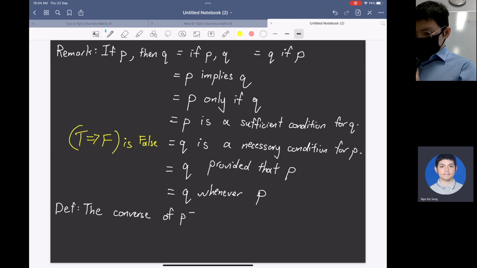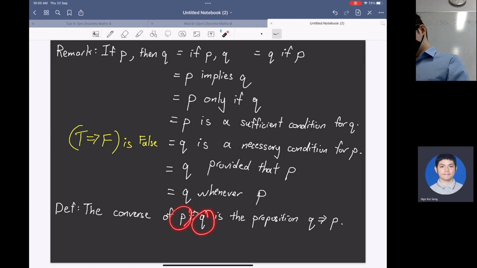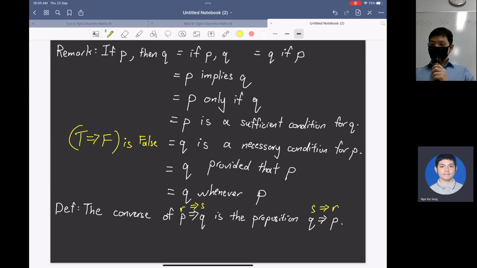The converse of an if-then statement is the proposition Q implies P. What you need to observe here is that I swap the places of Q and P. If I replace Q and P with R implies X, then the proposition becomes X implies R. So the labeling is not important; what is important is the relative position change.